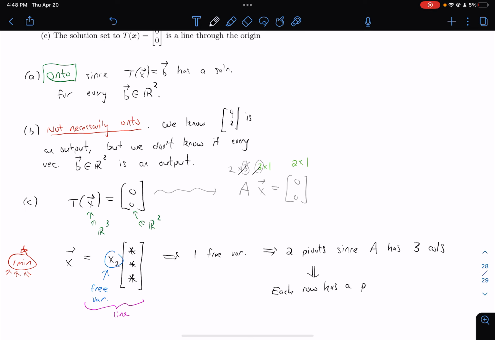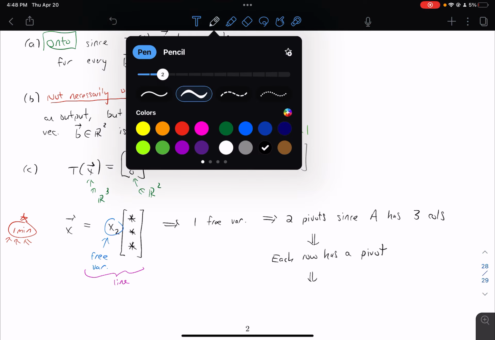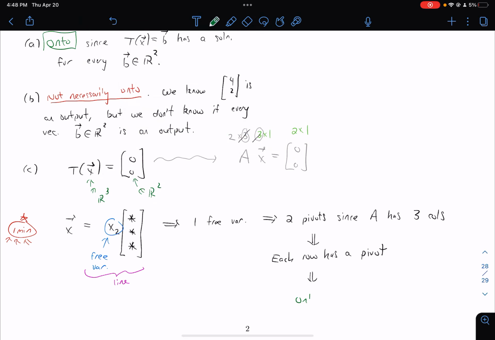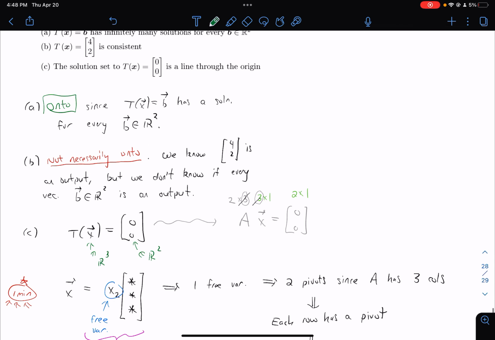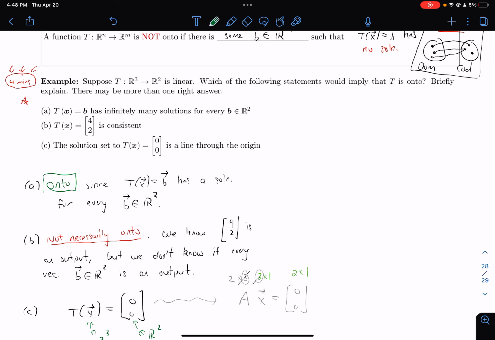One of our key results from our section about onto and one-to-one is that if each row has a pivot, then the transformation is onto. All right, awesome. So part C implies that this transformation is onto. Part A also implies it's onto, but part B doesn't.